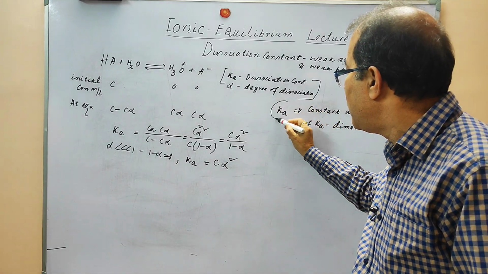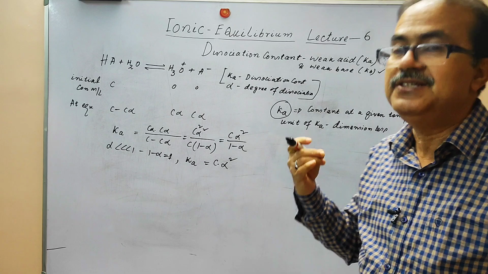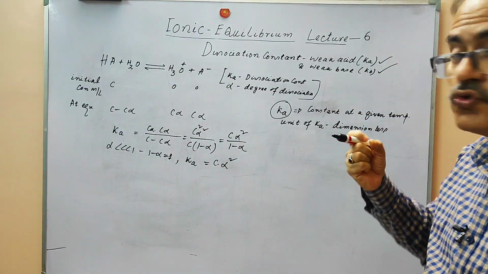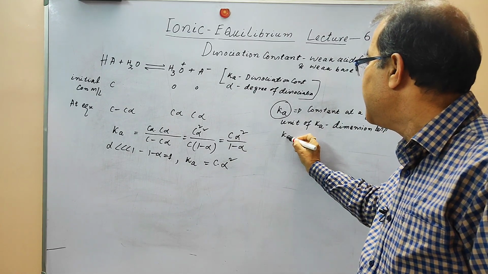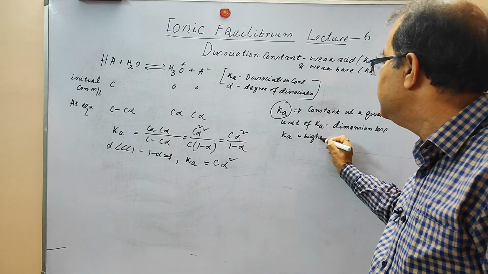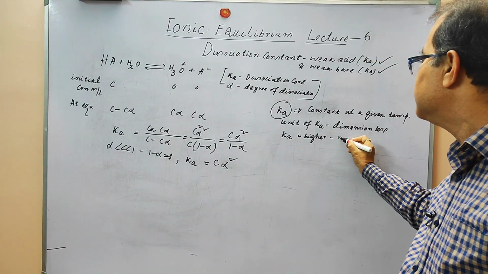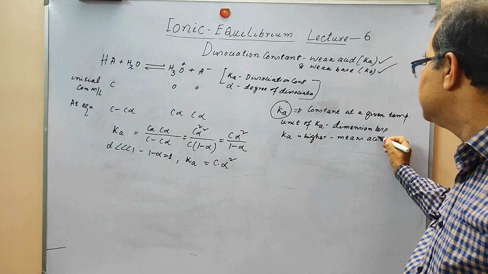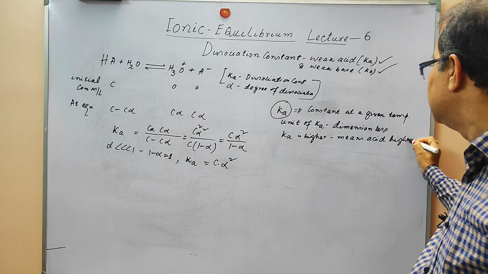And what does K interpret about the dissociation of the acid? It tells us how strong the acid is. If K is higher, it means the acid has higher strength. K is higher means the acid has higher strength, so you can write this.